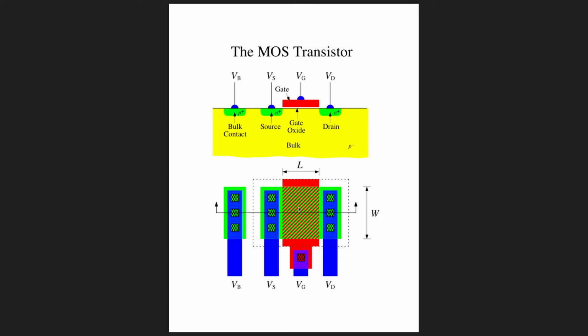The length effectively divides the current, and the width multiplies the current. So the current in all regions of operation will be proportional to what we call the W/L ratio. It's proportional to the width and inversely proportional to the length. This W/L ratio, sometimes called the aspect ratio or the strength ratio, is a key design parameter for the MOS transistor.